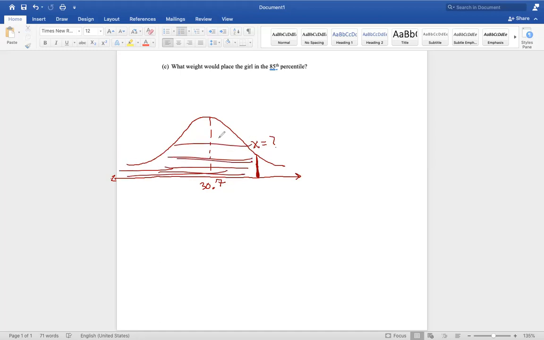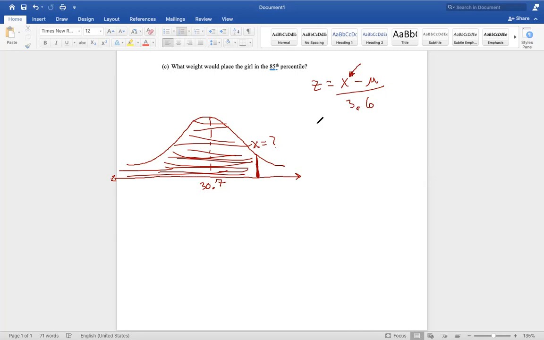Now, there's a couple ways to do this one as well. You could use this formula for z-scores, where you find the z-score from table A, and then you solve this for x. This would give you the value that puts the girl in the 85th percentile.